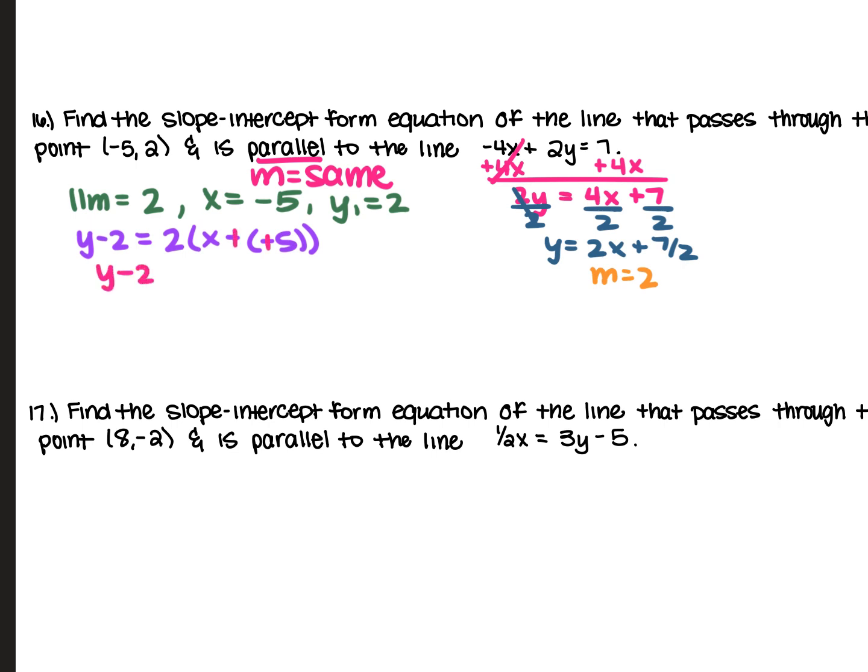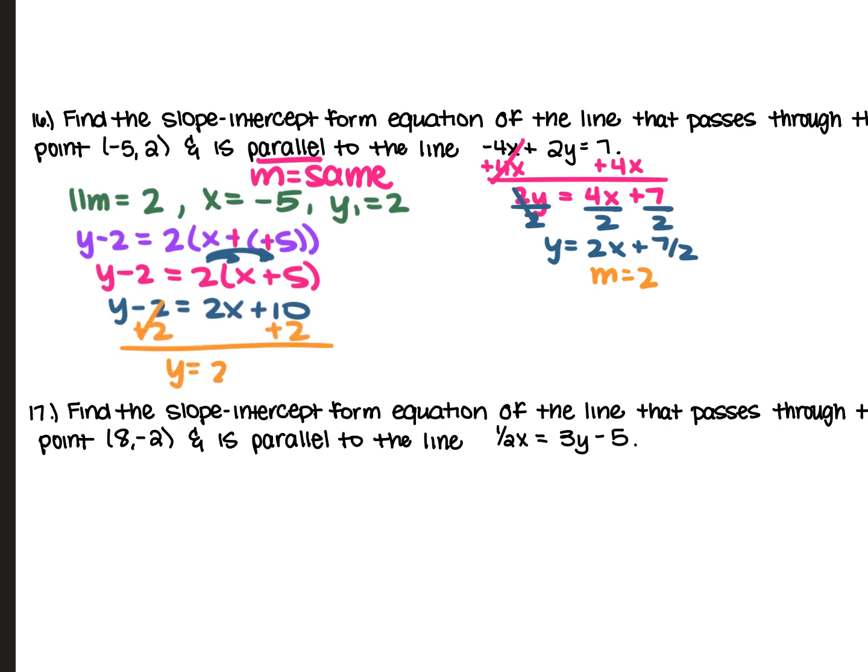So y minus 2 is equal to 2 times x plus 5. We distribute the 2 in to get y minus 2 is equal to 2x plus 10. Next, add the 2 over. That's on the same side as the y. So we get y is equal to 2x plus 12.